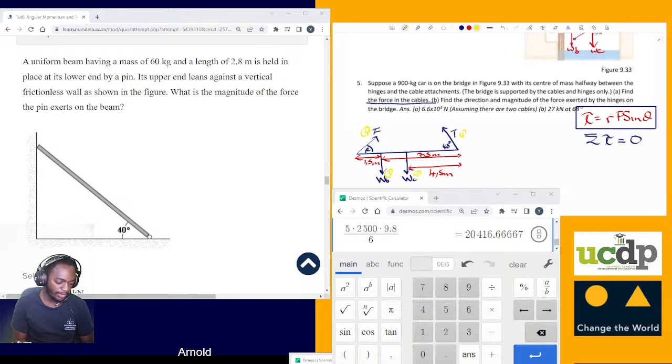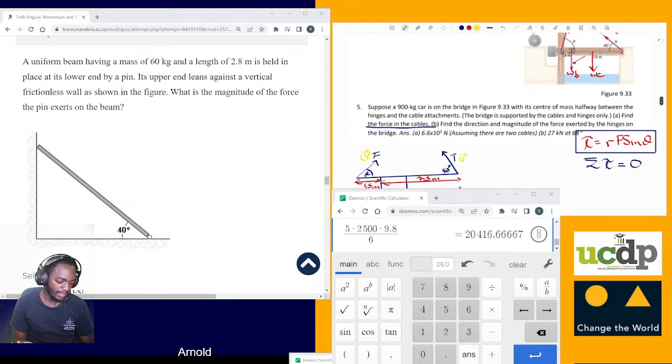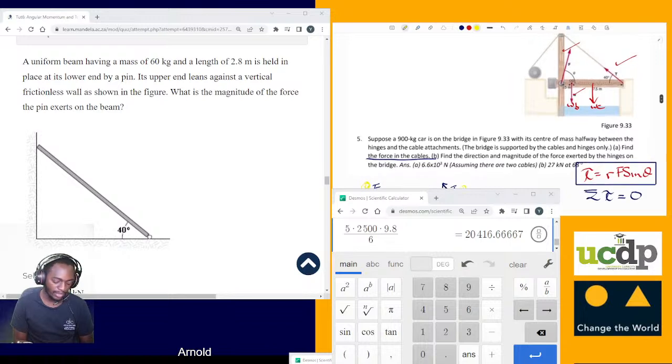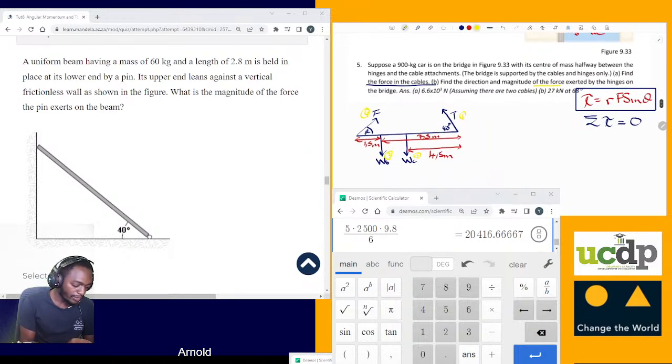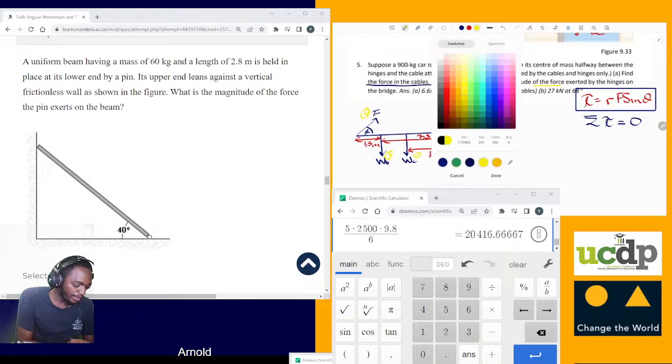So the force in the cables is basically T, the tension. That is what we're looking for at this particular time. Then we'll go ahead in the next part of the question to solve for the magnitude of the force, which is F. So at the moment we're interested in T, which means if we're interested in T, why not take moments at this point?